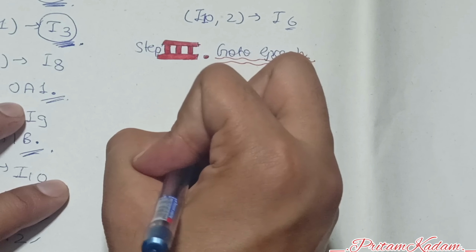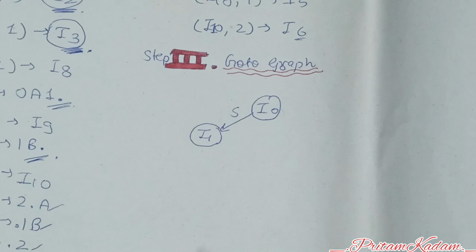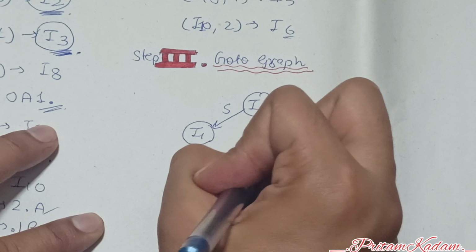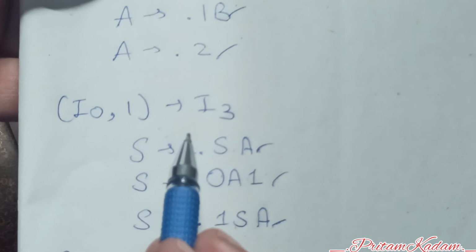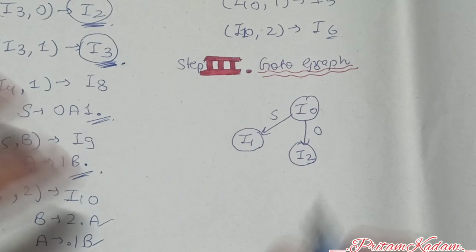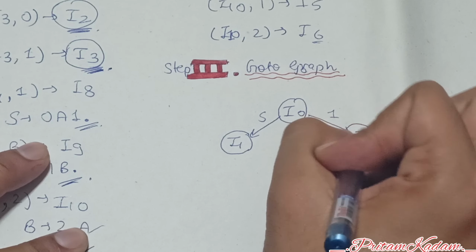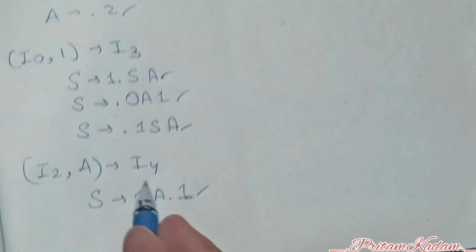So let us make I1 over here, and then we will write S above the arrow. Now we got I2 on passing 0 in the I0 state, so we will write 0 over here and the I2 state as the resultant. Now on passing 1 in I0 we got the I3 state, so we will write an arrow, then 1, and the resultant is the I3 state. Now we will proceed ahead.